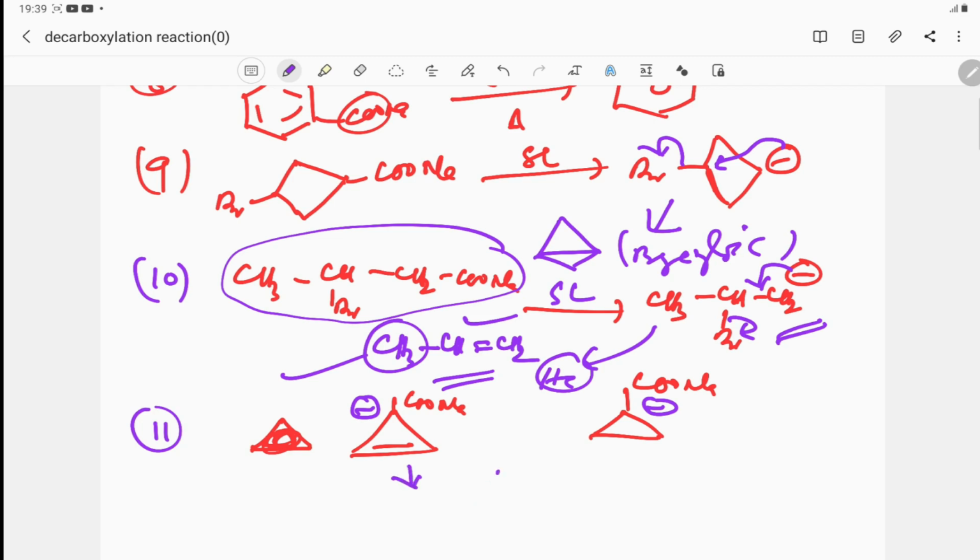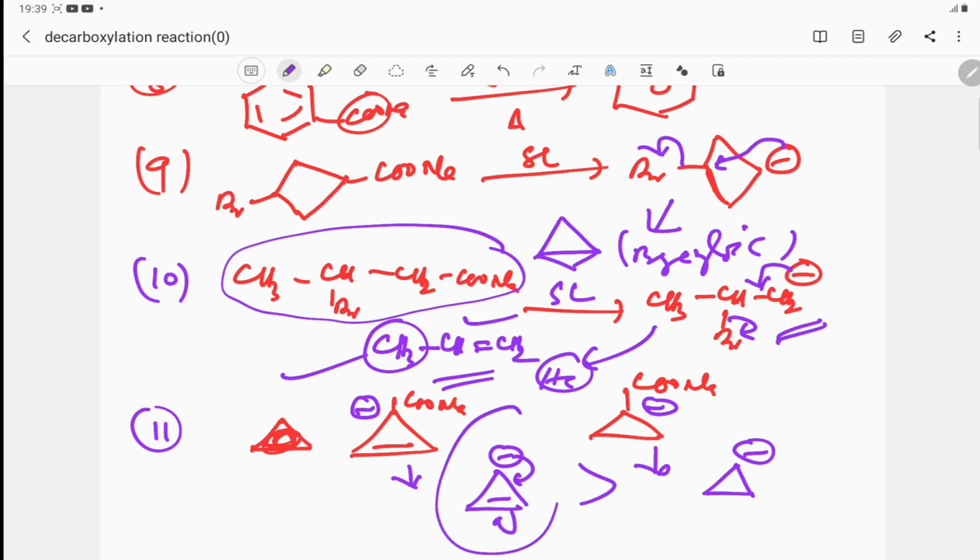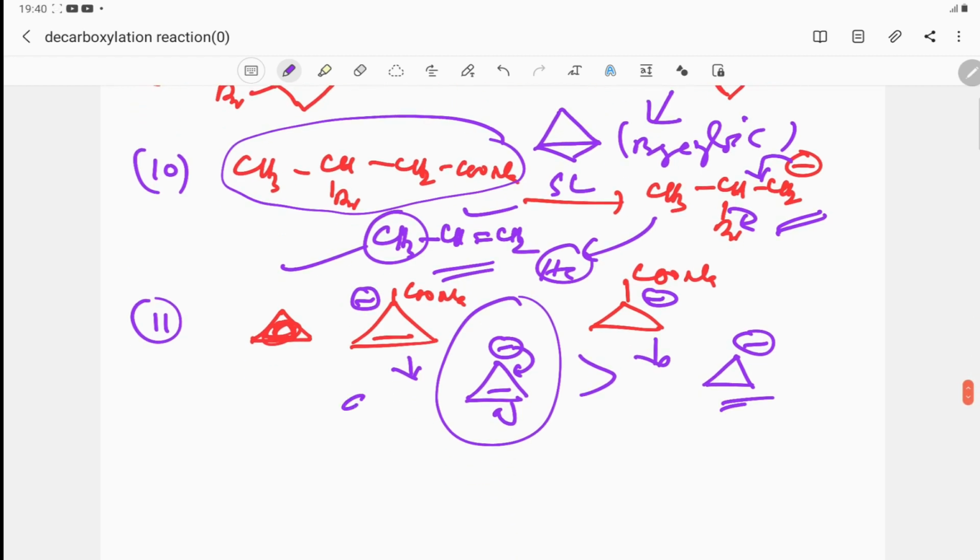So this minus charge is produced like this and this is produced like this. Which is more stable? This is more stable by resonance. The cyclopropenyl anion is more stable due to delocalization compared to the cyclopropyl anion. That's why for the parent acids, if you see, this is A and this is B, A is more reactive than B.